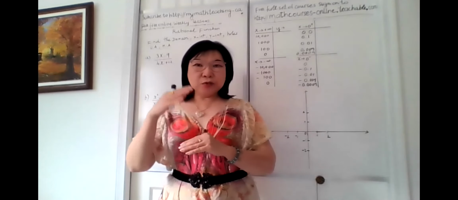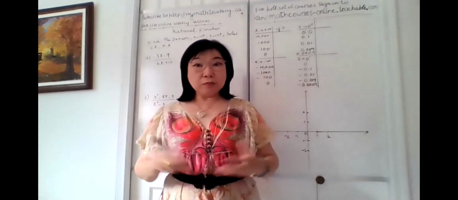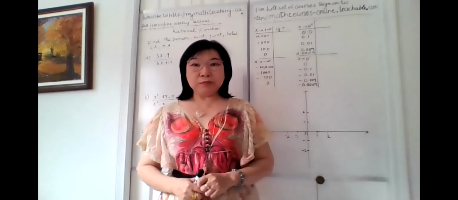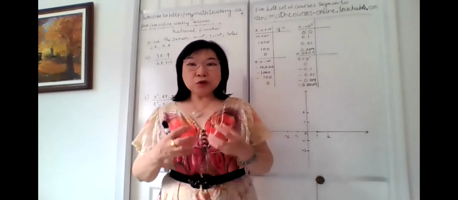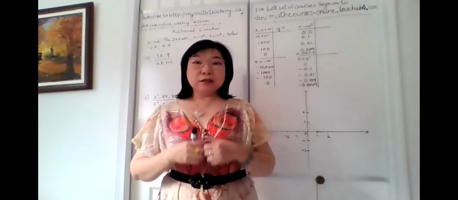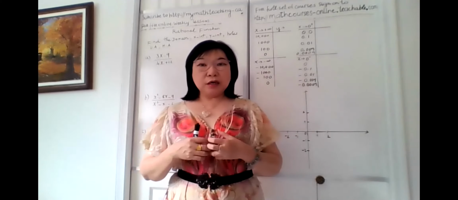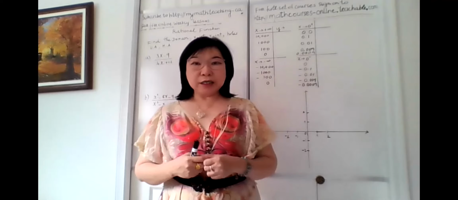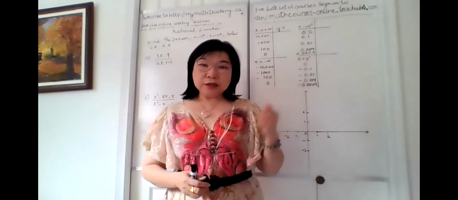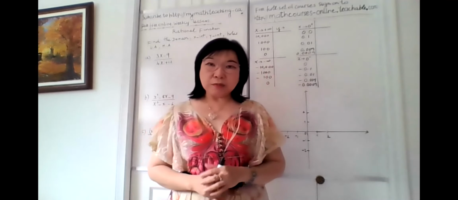So a rational function is actually the same as a fraction with the numerator on the top and denominator at the bottom, except that the numerator or denominator, or both of them, or maybe either one of them, will be a polynomial, which is involving an algebra expression, whether underneath or on the top.